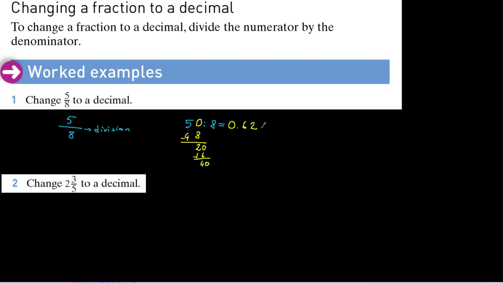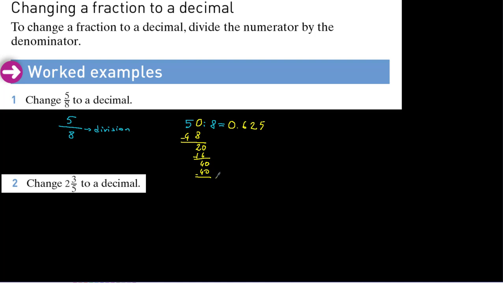As I mentioned, we are not writing any more decimal points because we write it only once, then we continue. And in 40 we have 5 times 8, so 5 times 8 is equal to 40.